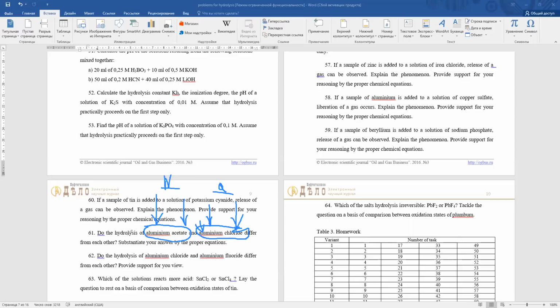Okay, and you may write the equations, but you can imagine them. By the way, can you write the formula of the aluminum acetate? Can you write? Yes.